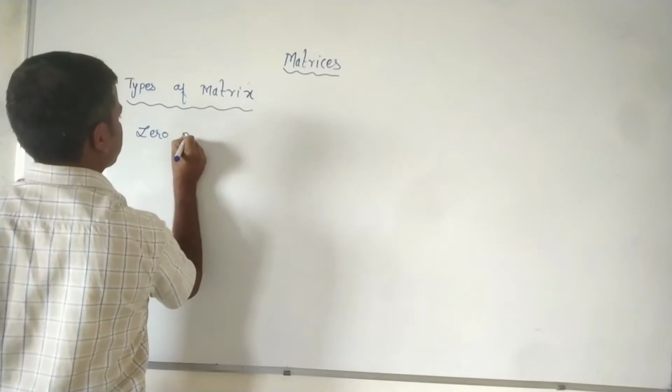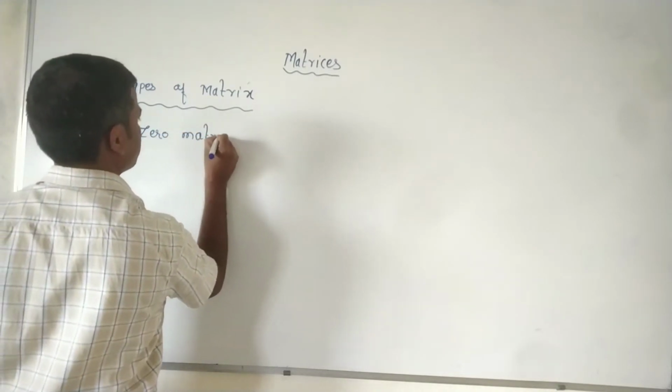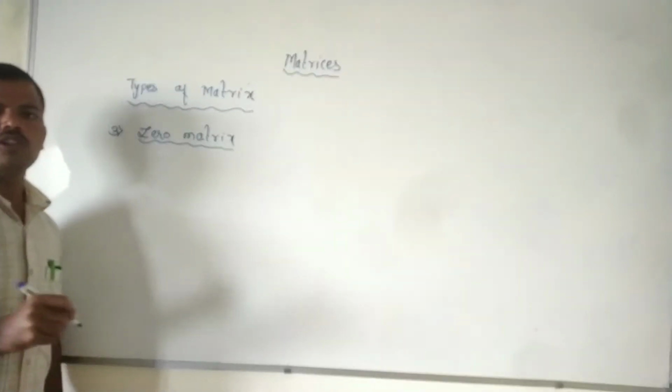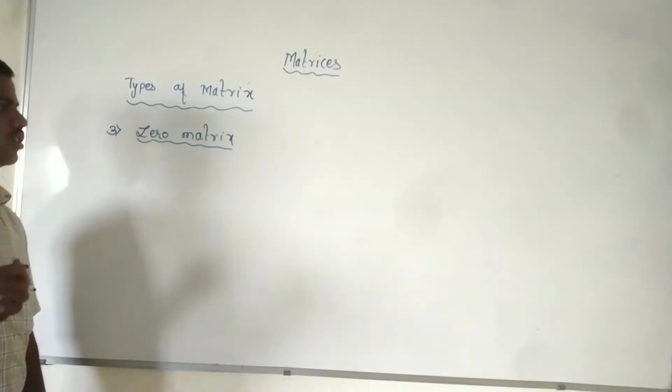Zero matrix. What we mean by the zero matrix is that all the elements of a matrix are zero.